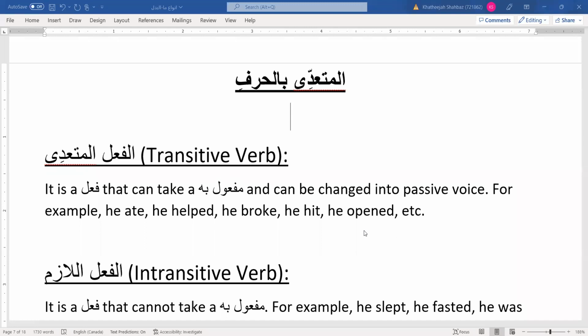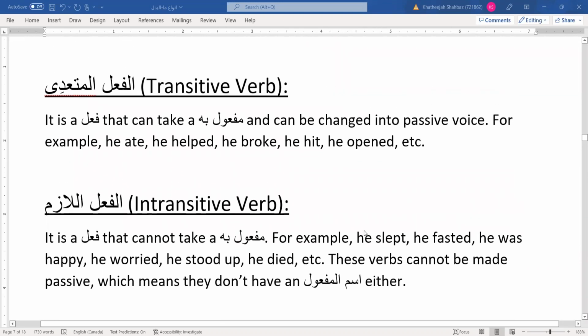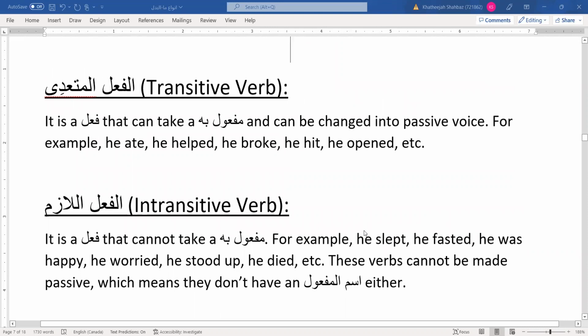Any question on transitive verb? It's pretty clear. So you mean he helped? So help is not a mansub? Can you repeat your question? So you said he helped. In this, up to here, helped is not a mansub.